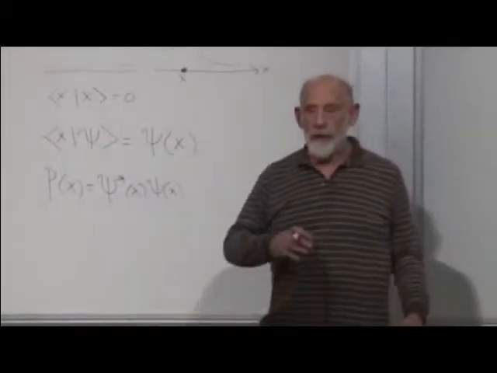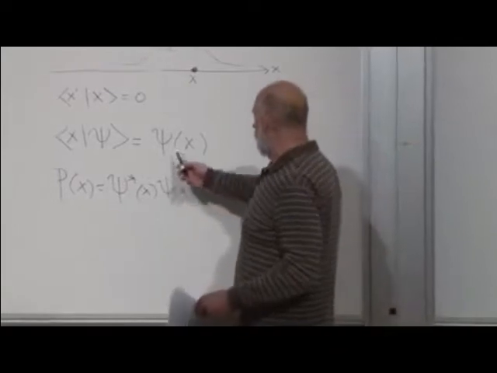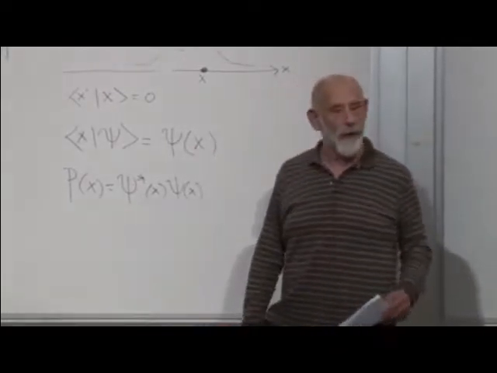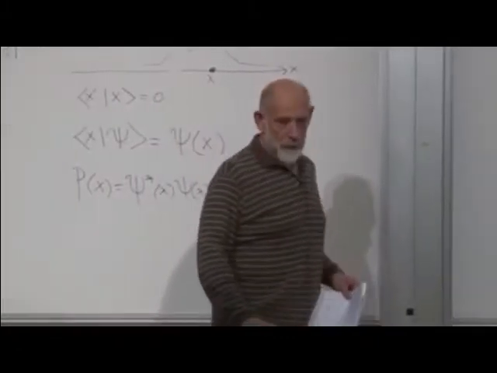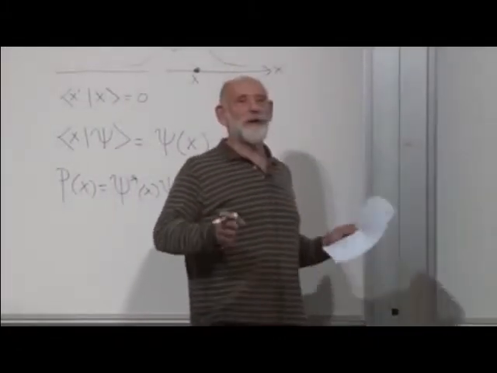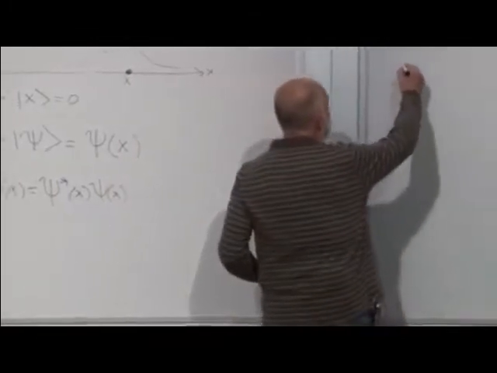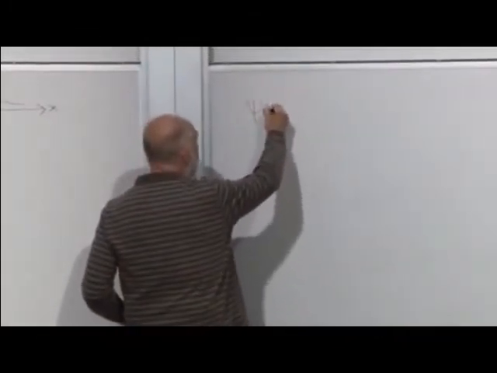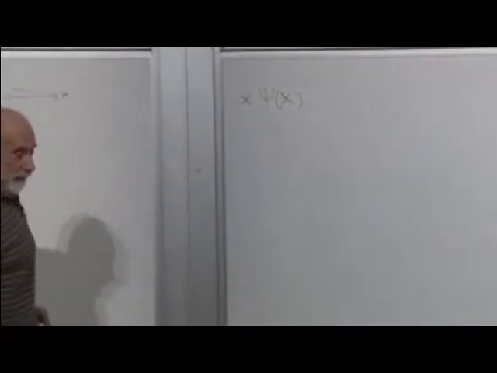Either one, you can think of them concretely as operations. What about x itself? What is the operation that represents the operator x? Well, it's just taking the state vector, psi of x, or taking the wave function, and multiplying it by x.